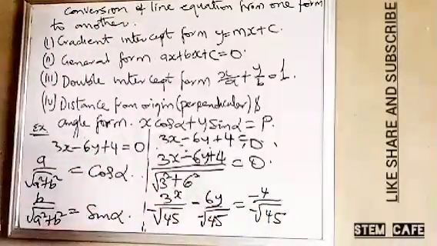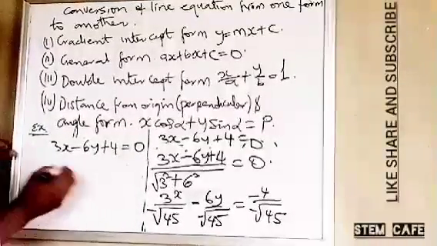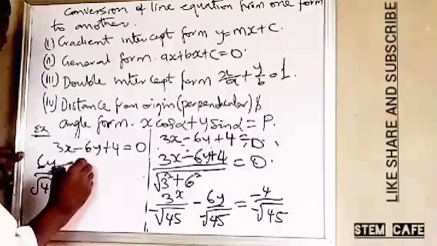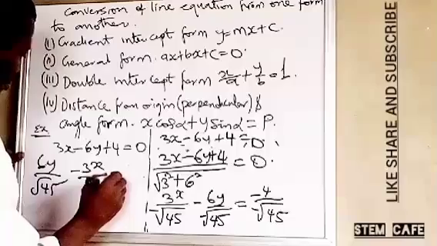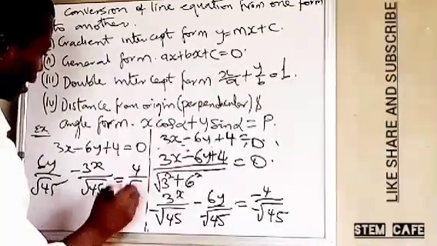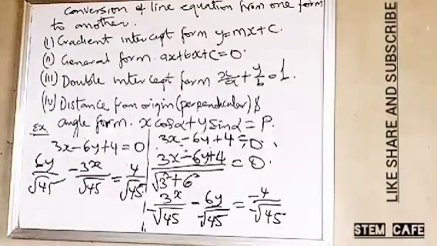So at the end of the day, I'm going to have 6y over root 45 minus 3x over root 45 is going to give me 4 over root 45. So that's what we are going to have.